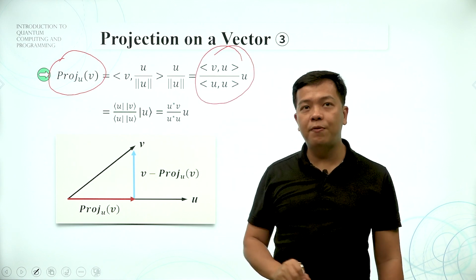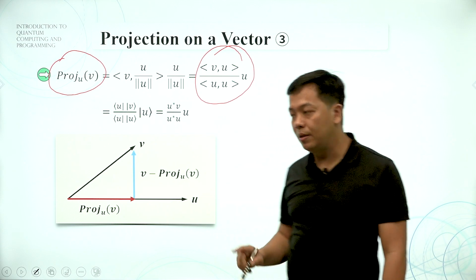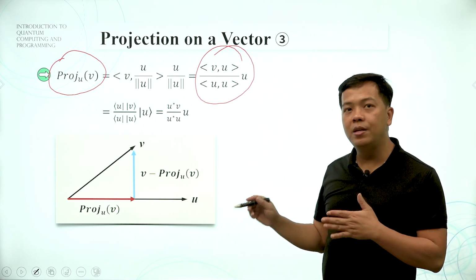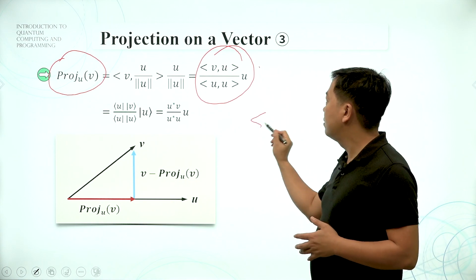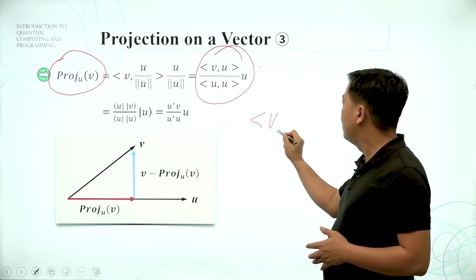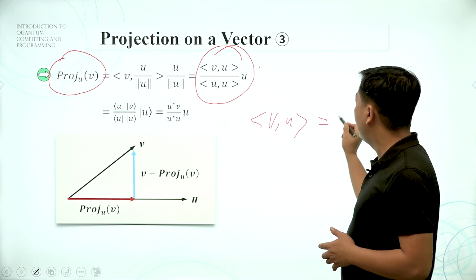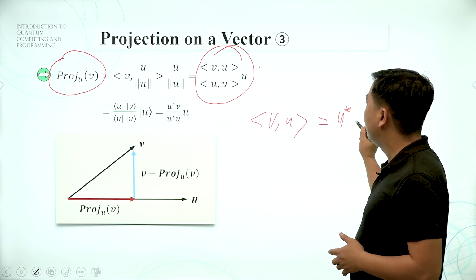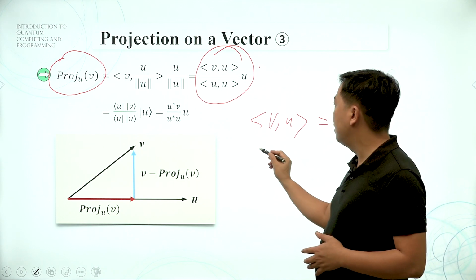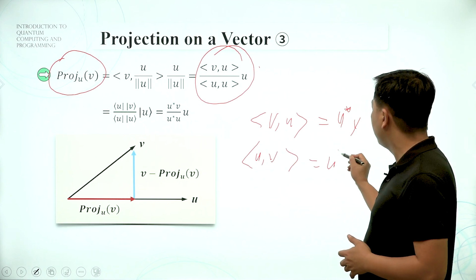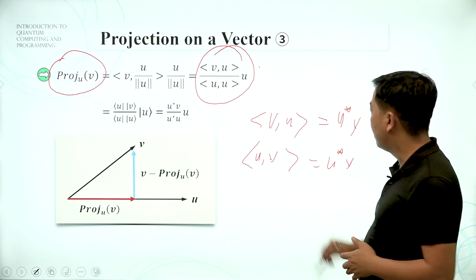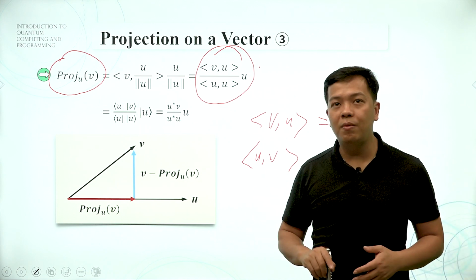Remember, after we have the standard inner product, we can transform it. The inner product of v and u can be transformed to u star v. Or, I think u and v are similar, u star v. This is how you transform between the two.